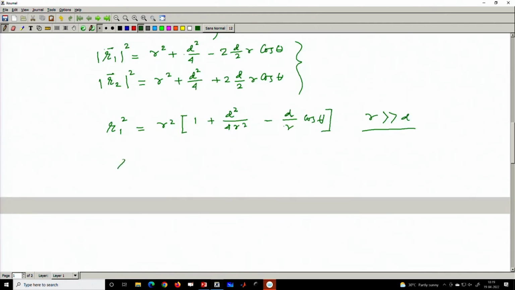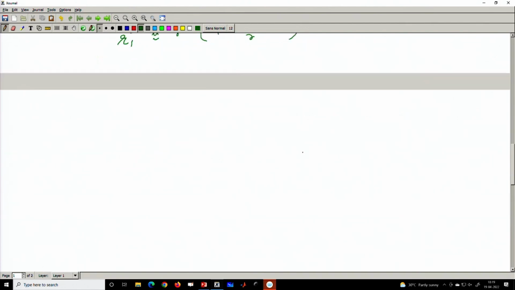So, R1 square can be approximated as simply R square. This term can be neglected. So, it is simply R square into 1 minus d by R and then cos theta, and we need 1 by R1, because 1 by R is there in the equation.